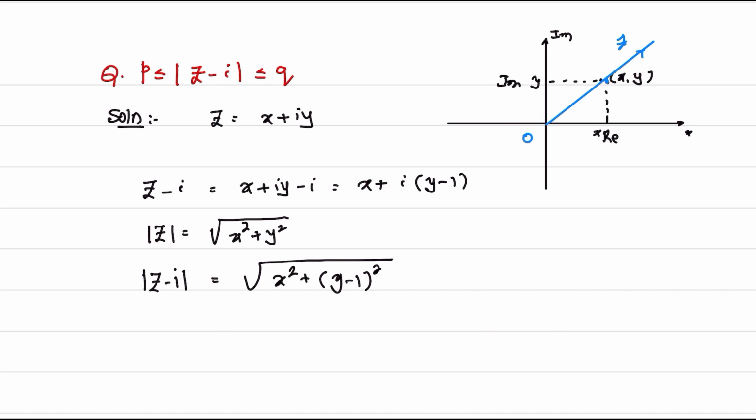And what is the equation? P is less than or equal to modulus of z minus i. That implies, let us take the first part.